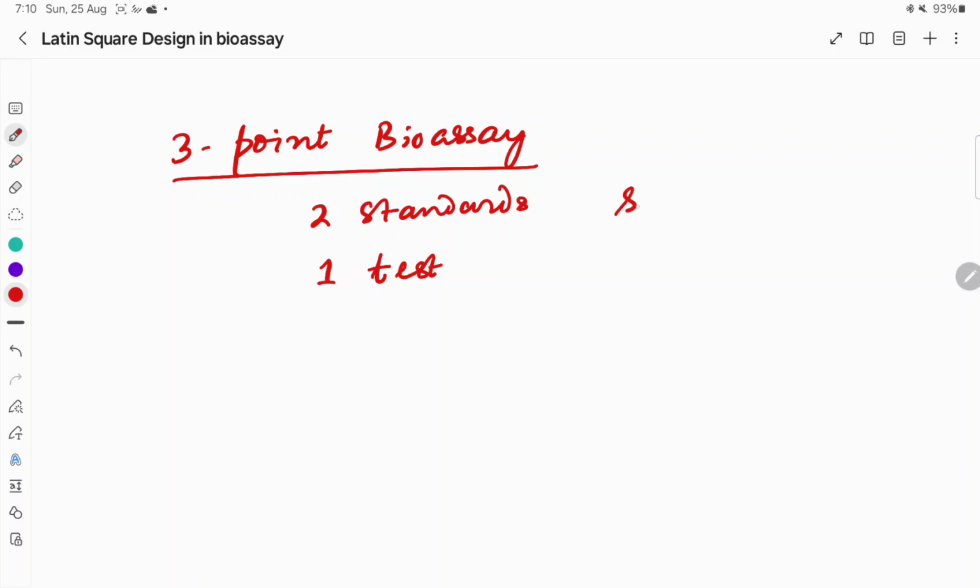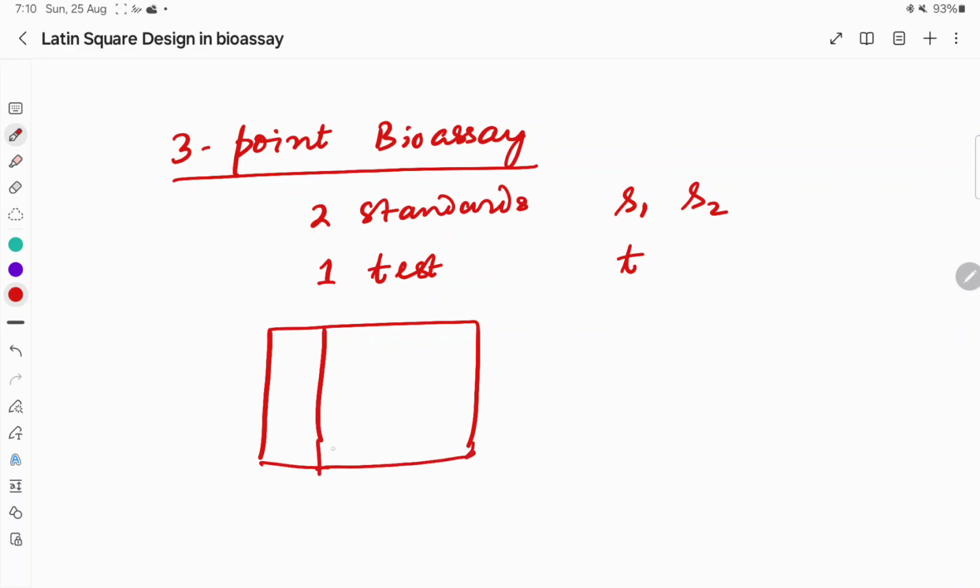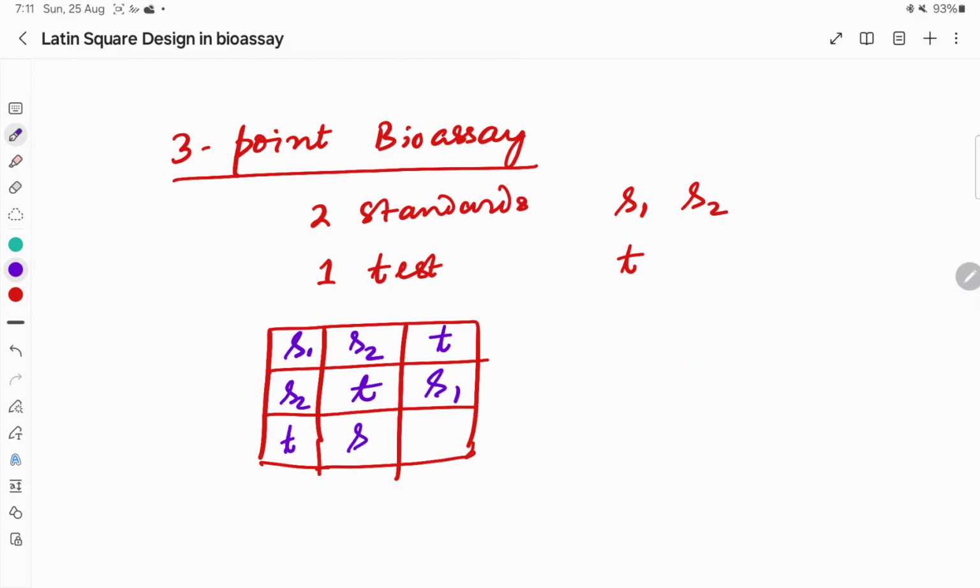Suppose the 2 standards are S1 and S2, and the one test is T. So we are using the 3-point bioassay. What will we do? S1, S2, T, then S2, T, S1, then we will start with T: T, S1, S2.